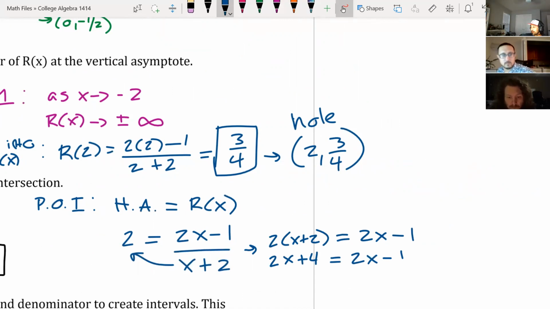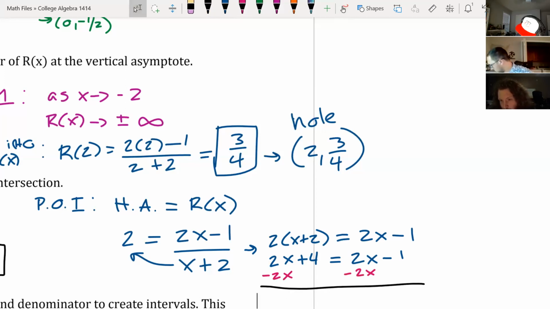And if we solve for x, what's going to happen to your x's? They're going to what?